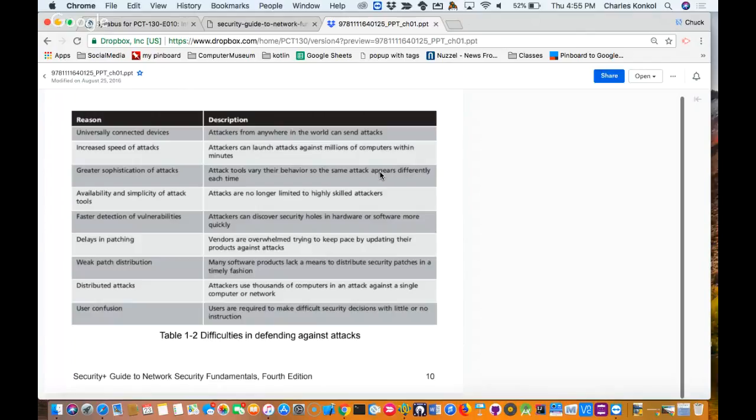So one of the difficulties in defending against attacks, this little chart talks about the universally connected devices, where attackers can attack from anywhere in the world. These could be Internet of Things devices that control lights in a house, garages, your car, a whole host of things that are globally connected.